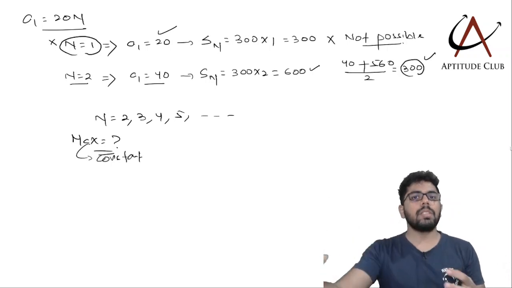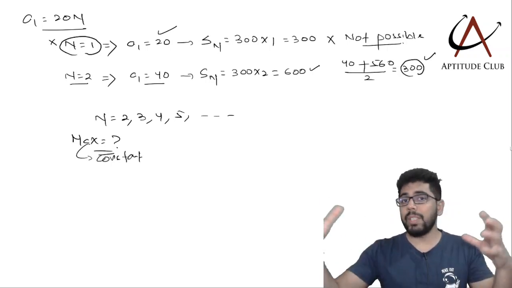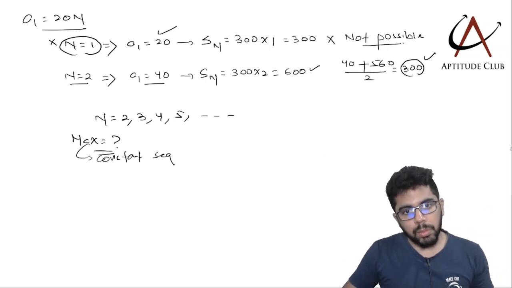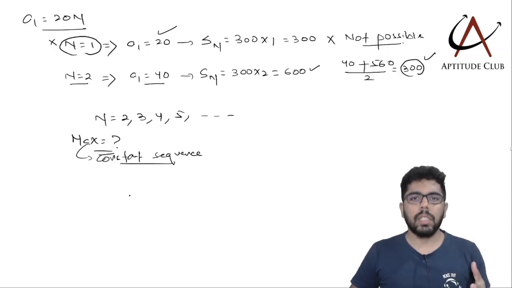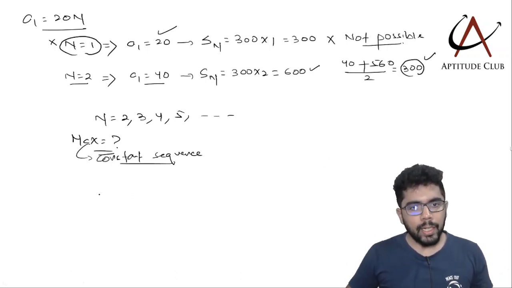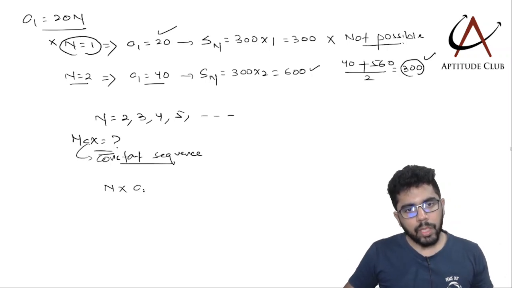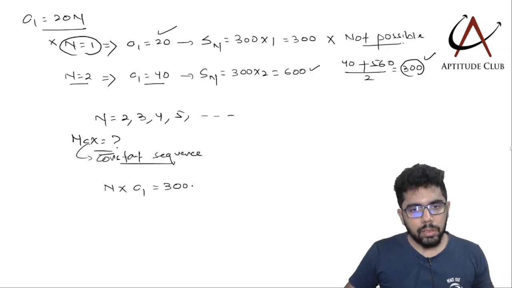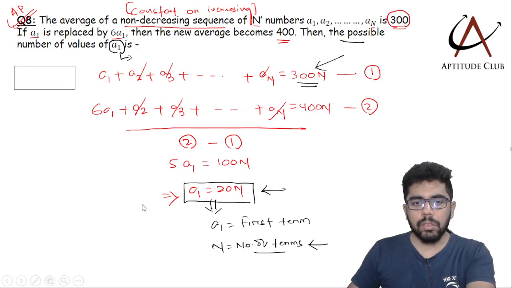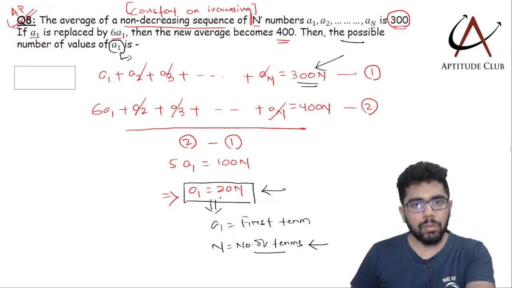If you are increasing every subsequent term, the sum being fixed, you will have a lesser number of terms. So for the maximum number of terms, I'll have to have a constant sequence. If all the terms are equal, n times a1 is equal to 300n. There are n terms and n times a1 is equal to 300n.